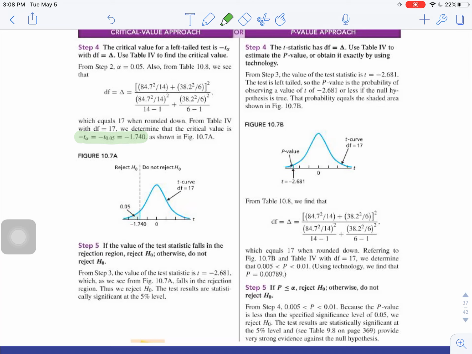So remember, it's a left-tailed test, so we're looking at negative 1.74. We came up with our test statistic at being negative 2.68.